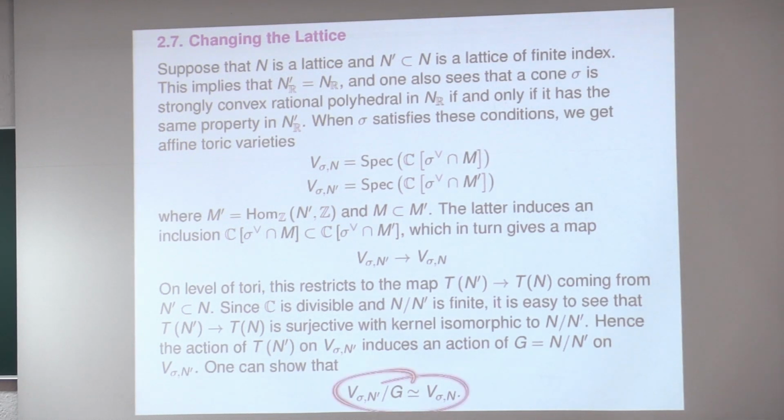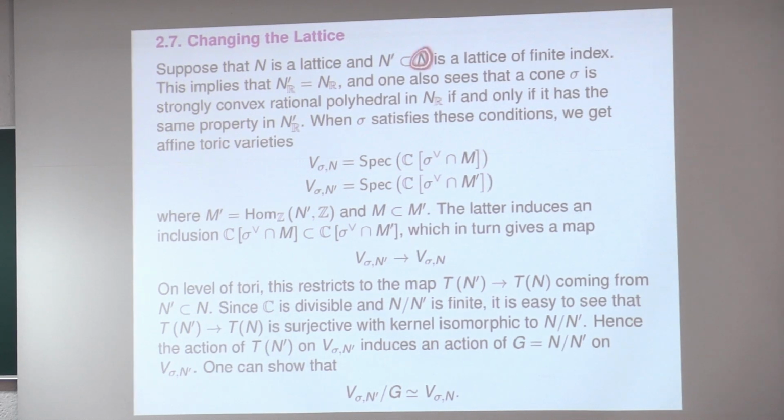What we have said over here is, hey, you just got a quotient. Quotient by what? By the quotient group of these two. The variety for this smaller lattice got quotiented by the group that is the quotient of the lattices, giving you the variety with respect to the other lattice.